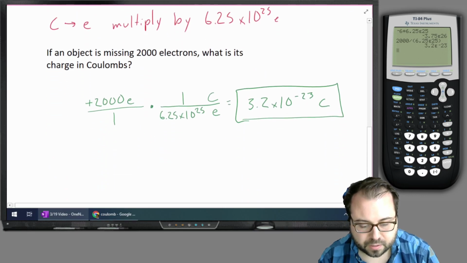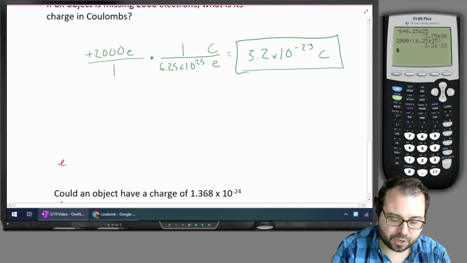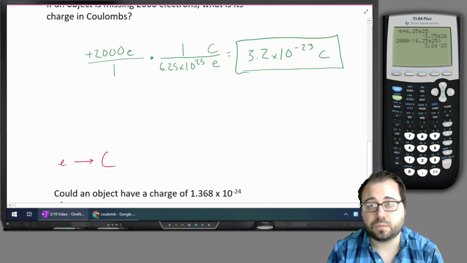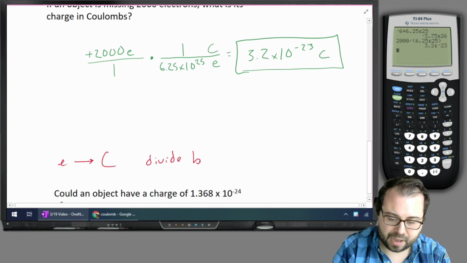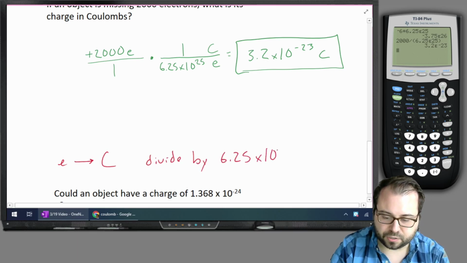If you are going from elementary charges to coulombs, you can simply divide by 6.25 times 10 to the 25th elementary charges.